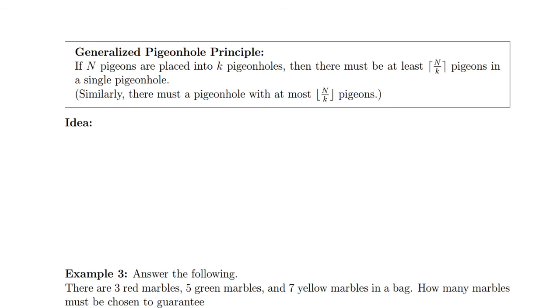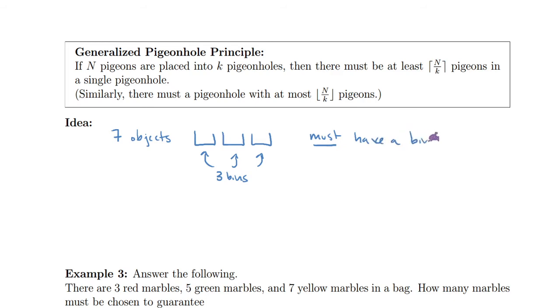So let's say that you had 6 objects, right? Or you know what? Let's start off with maybe a little bit more intuition. So let's say you have 7 objects, and you have to put them into 3 bins. Then we must have a bin with more than 2 objects.